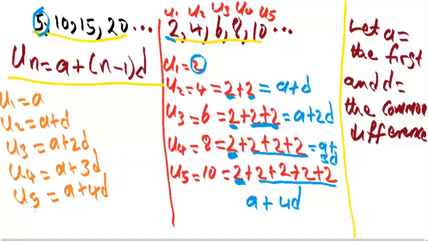So basically you can see there is a pattern on the right side. We started with a, then the second one is a plus d, then the third one is a plus 2d, then the fourth one is a plus 3d, the fifth one is a plus 4d.